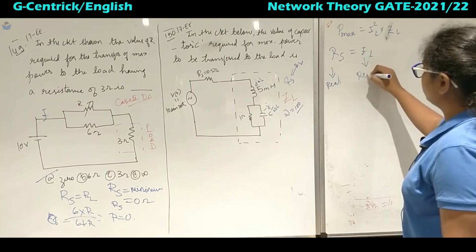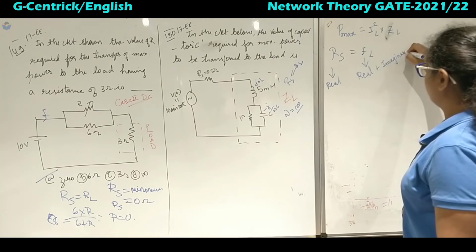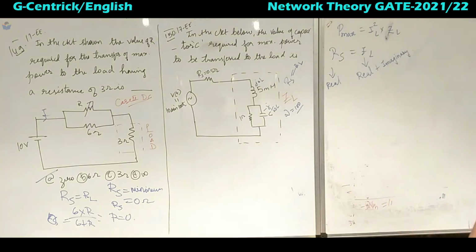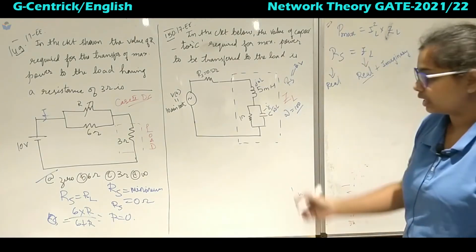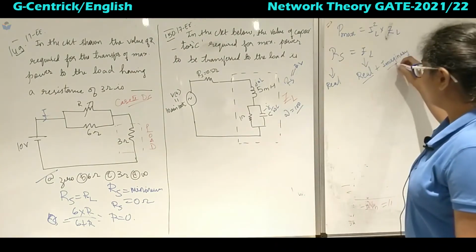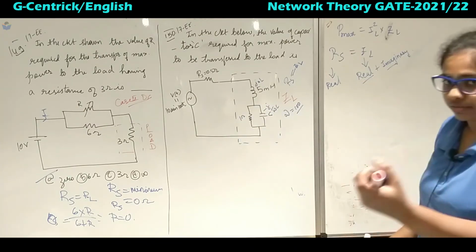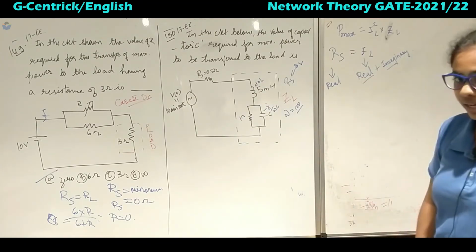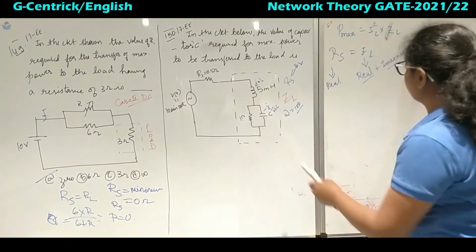So here also real plus imaginary will be there, right? So we have to solve this, then we have to see what part of the C will come in real or imaginary. Okay, so basically since only real is given on the left hand side, it will come mostly in the real part. So for that we will solve the circuit given here.